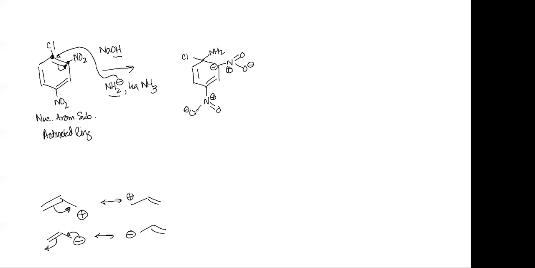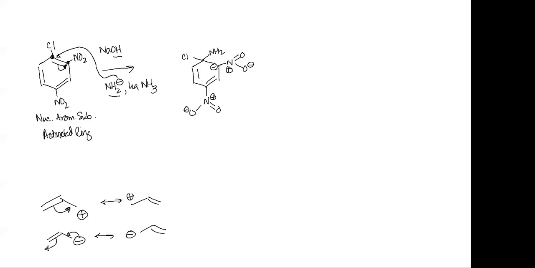In this case, first I should ask, does that kind of make sense? Yeah. So we have to move this pair of electrons to form a double bond with the carbon that the negative charge is on, but then we have to break the other bond and move it to the next atom.